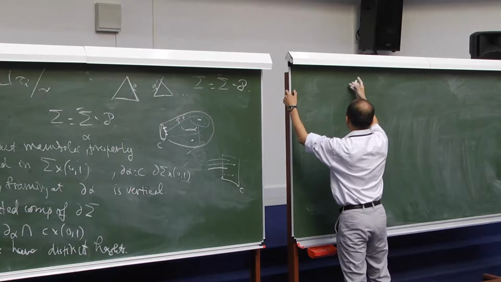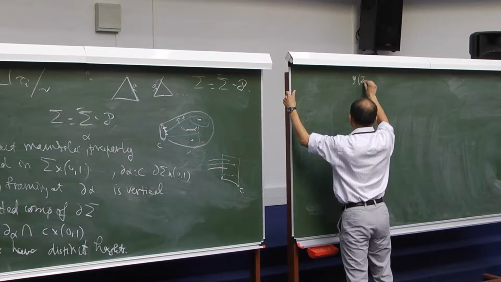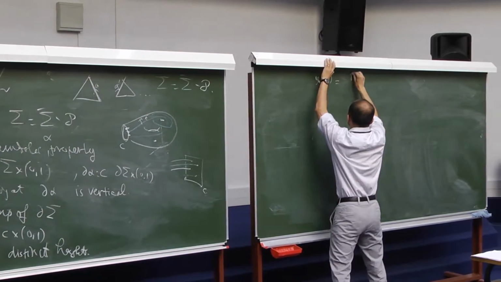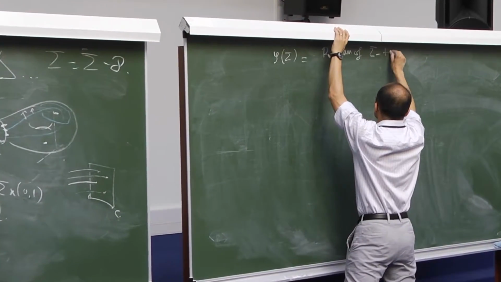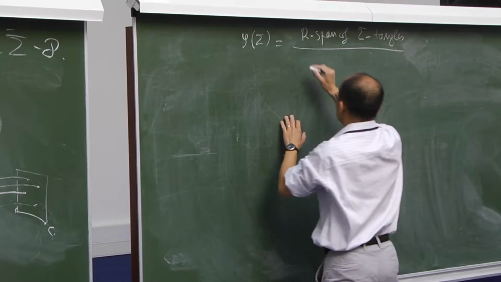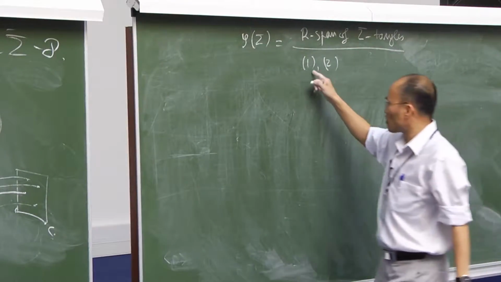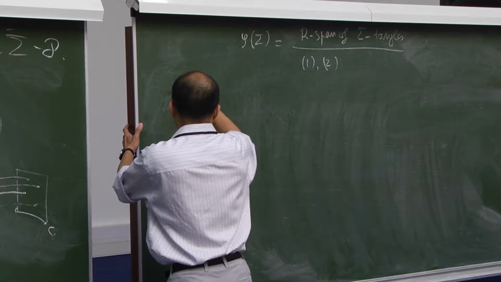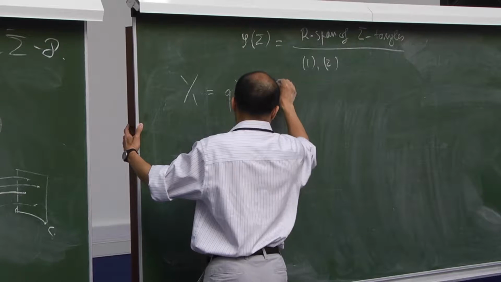Now we define the skein of sigma to be again the R span of sigma tangles over relations 1 and 2, just exactly like what we had before. So 1 here is the skein relation, Q plus Q inverse of this.